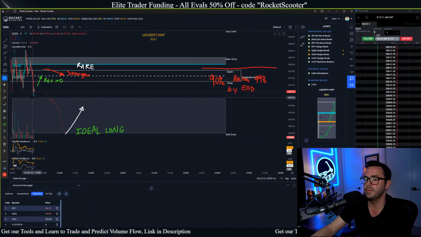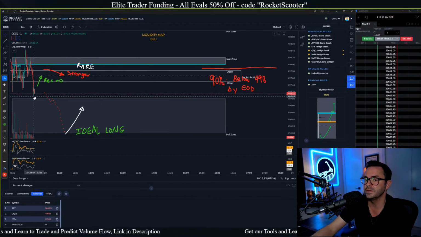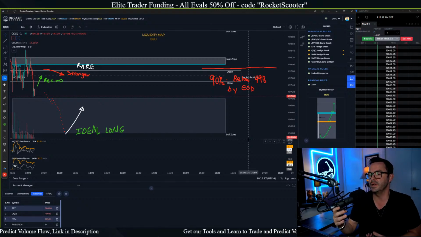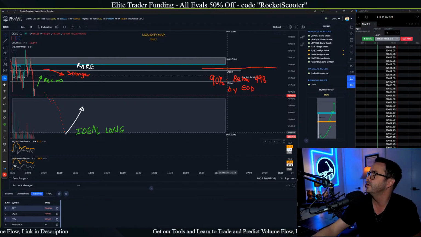The S&P is trying to bounce right here because it's in a liquidity pocket. This is another bull trap. This is not a buy the dip. Nasdaq itself, support at 496. It's going to keep coming down.